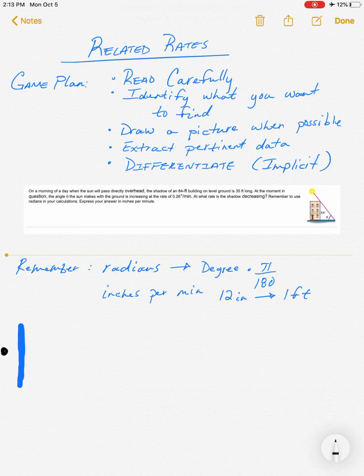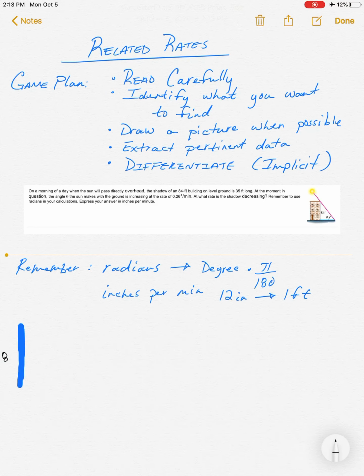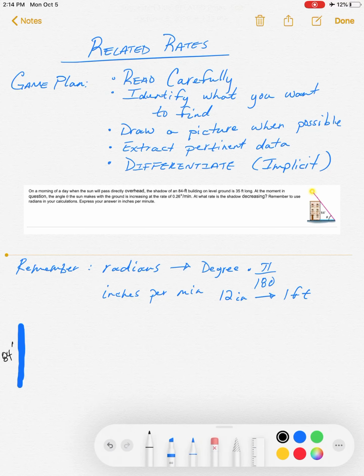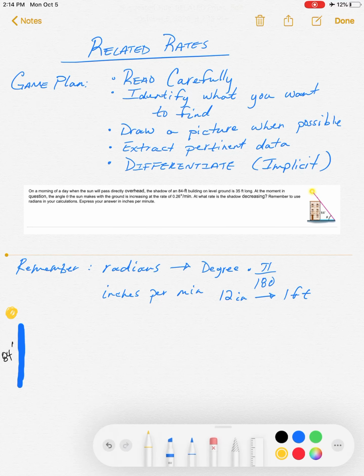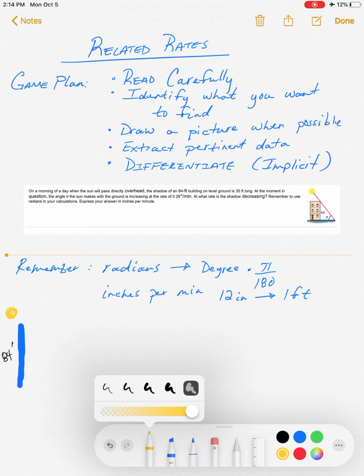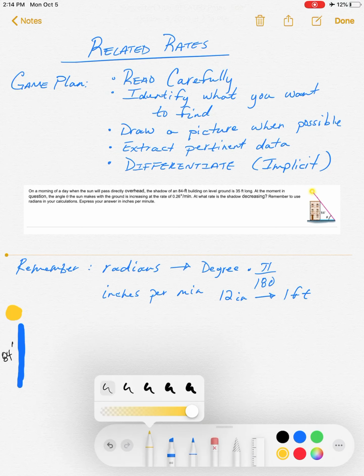My building is 84 feet tall. Then up here, I have the sunshine, in all of its beauty.